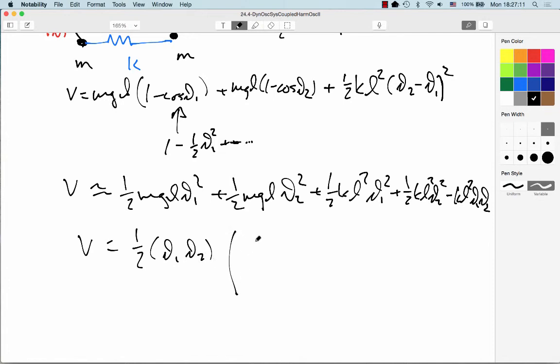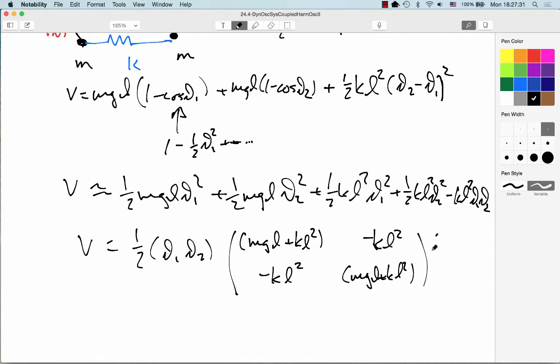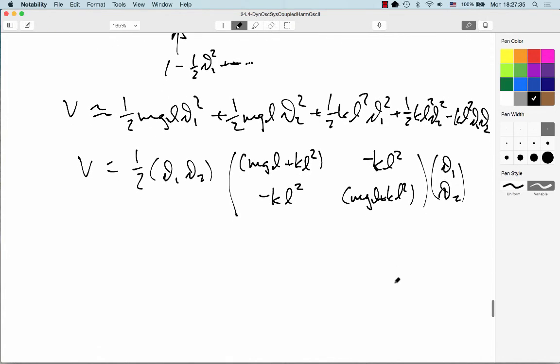So our coupling matrix is going to look like mgl plus kl squared here, minus kl squared there, minus kl squared there, and mgl plus kl squared there, theta 1 theta 2. And so then we can identify this as my K matrix.